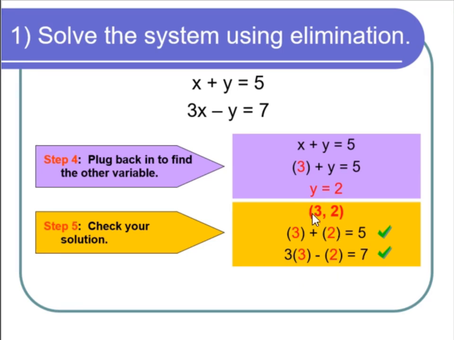Therefore, the ordered pair (3, 2) is correct in equation 1 and it is also correct in equation 2. We can now conclude that (3, 2) is a solution to the system of linear equations.